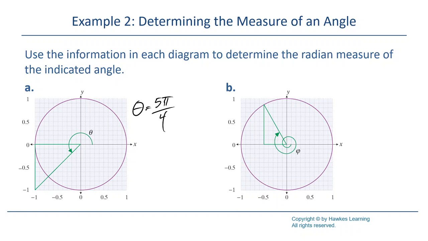Now, if we look at this one, well, this one has rotated backwards. So at the very least, I know that this is going to be a negative angle. The question, though, is what negative angle will it be?